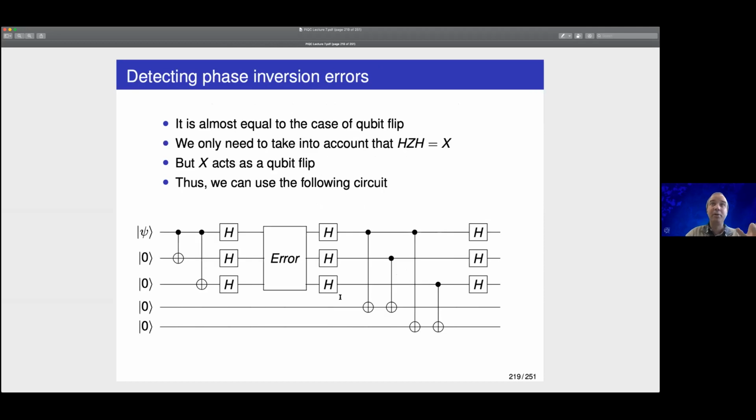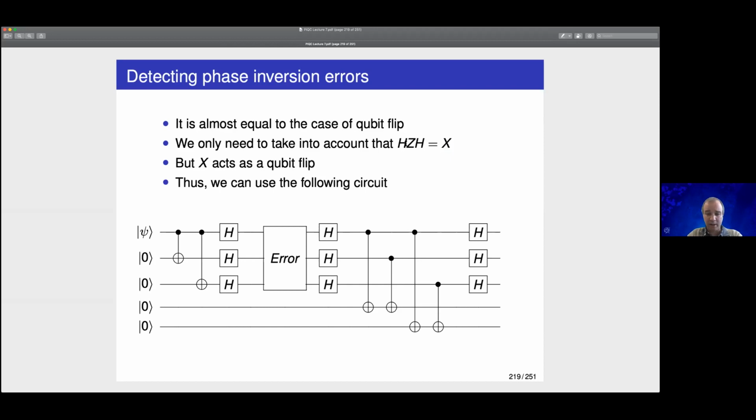And now, in order to detect whether one of these phase inversions has occurred, what we can do is notice that the operation of the X gate is exactly the same as the operation of the Z gate, but with a Hadamard gate before the Z gate and another Hadamard gate after the Z gate.